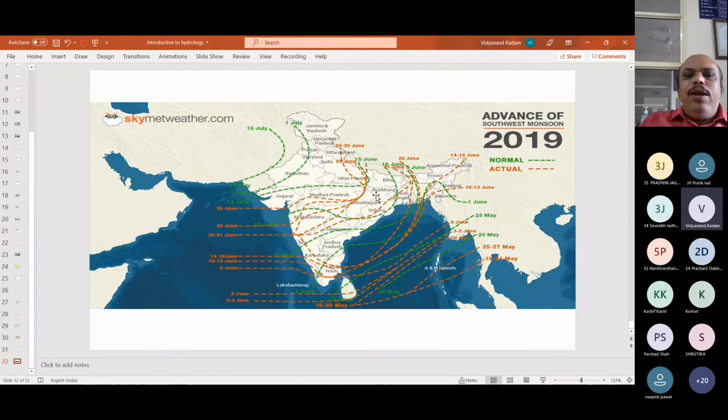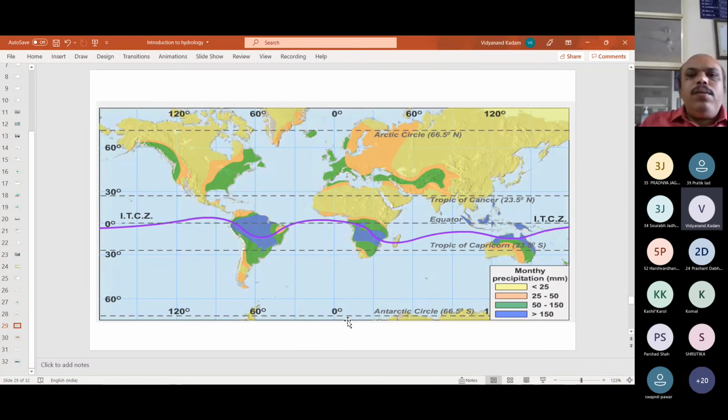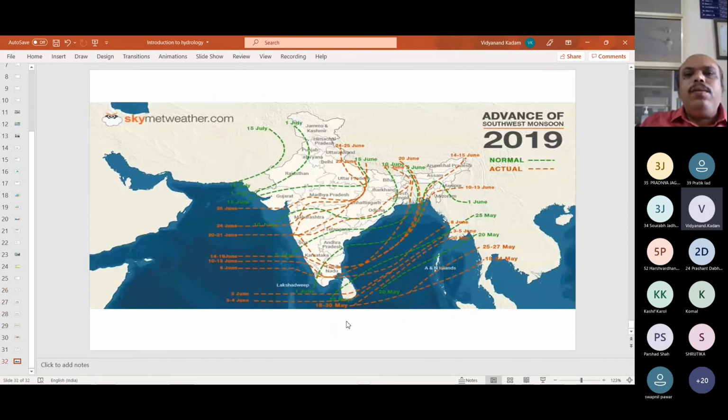So based on this Indian monsoon, a short note is asked in the exam. Write a note on the Indian monsoon. Okay, so now I will change the slide and we will continue with the next point.